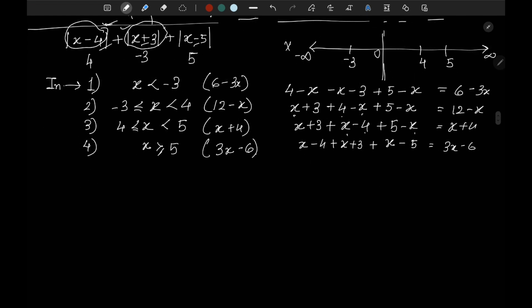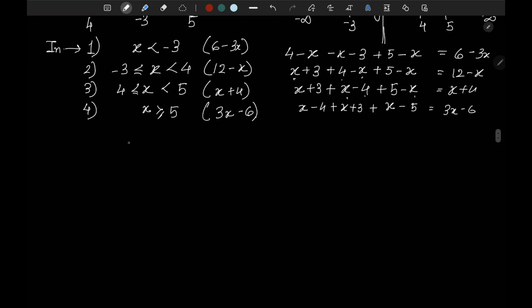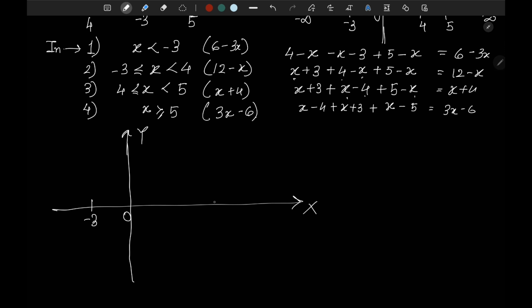Okay, so if we try to draw the graph, this is your x-axis, this is your y-axis, this is 0, minus 3 is somewhere here, 4 is here, 5 is here.